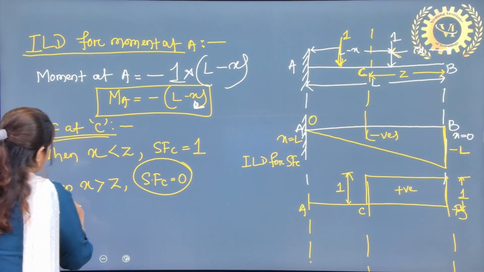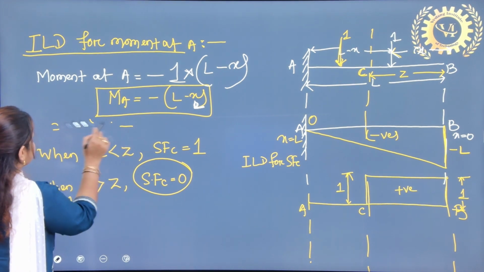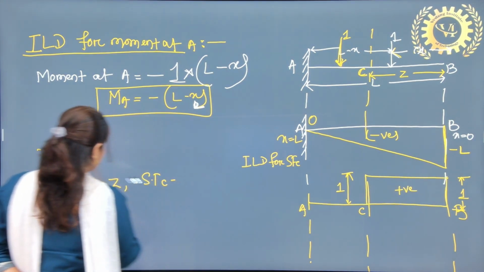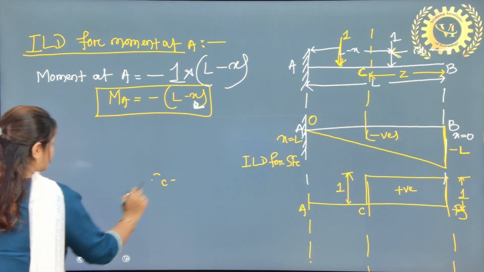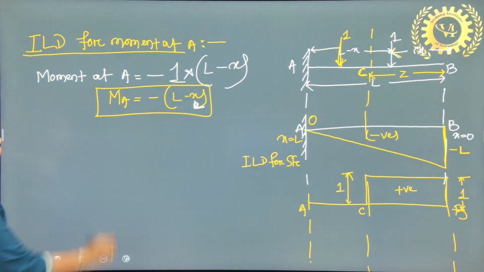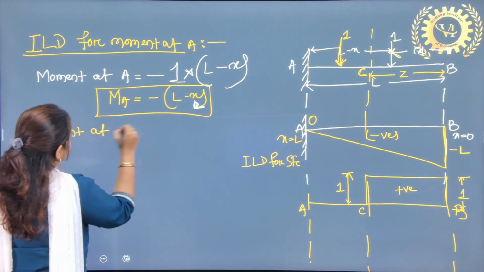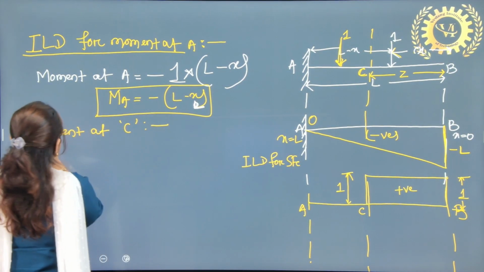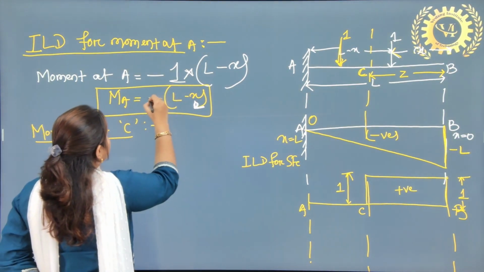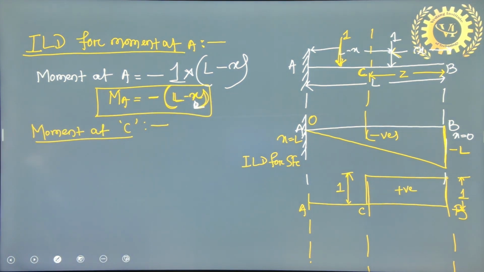So, a very similar process. Now we will draw the moment at C. So we have a value that moment is minus L minus x.